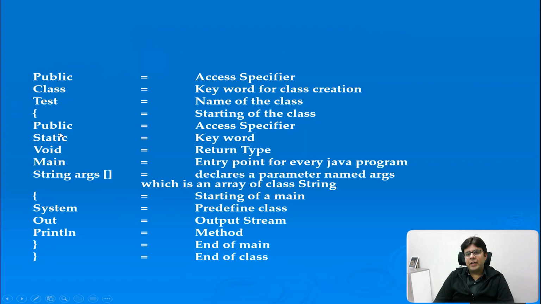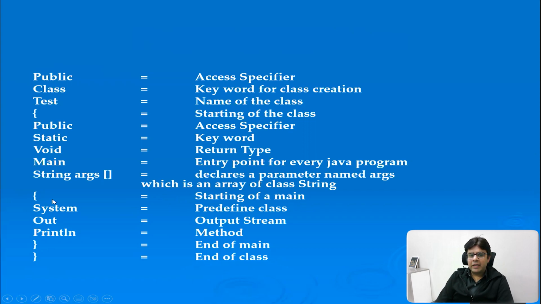Public again is the access modifier. Static is a keyword. Void is the return type. Main is the entry point for any Java program. String args is the parameter, which is used to take input on the command line interface. We will see later how to do it.